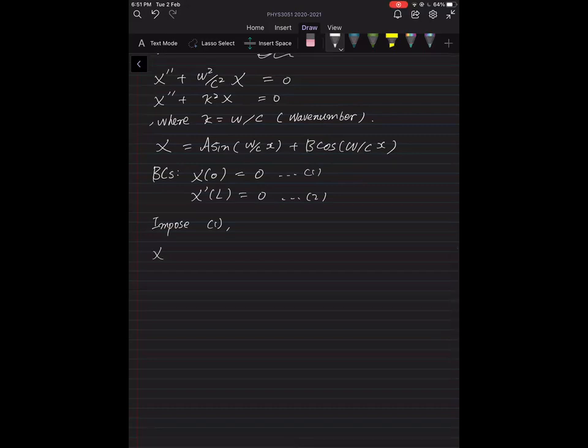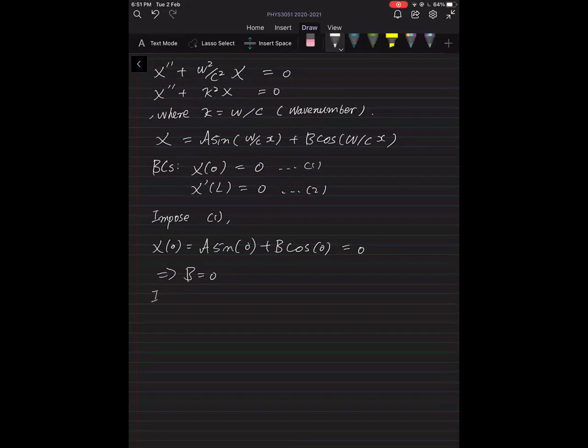Then we have x of 0 equals a sine 0 plus b cosine 0 equals 0, which means b equals 0. And then we impose the second boundary condition.